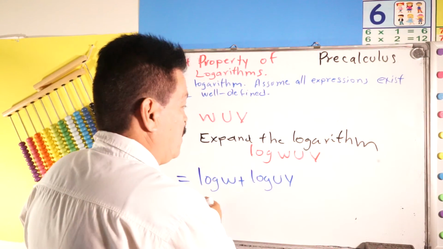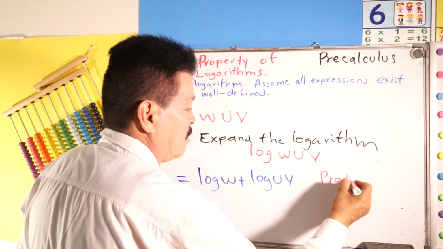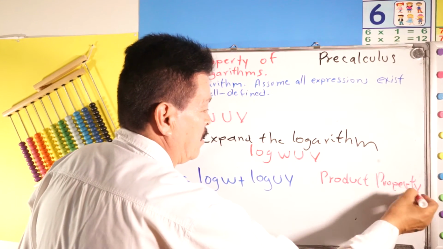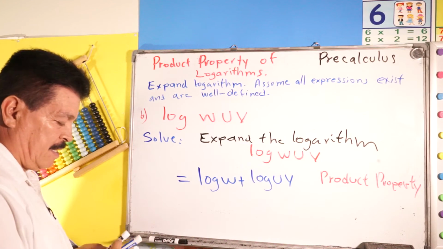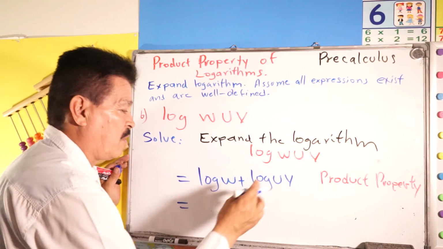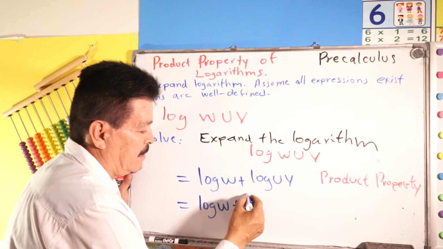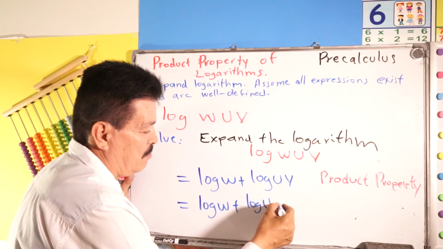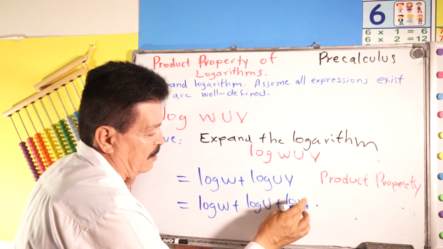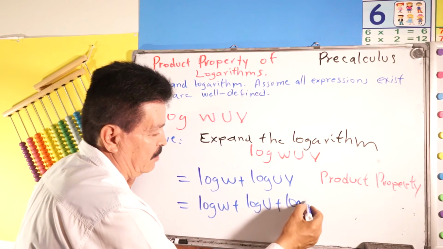Here it is called the product property. Okay, last step. Here, just write log w plus log u plus log v. I missed one right here.